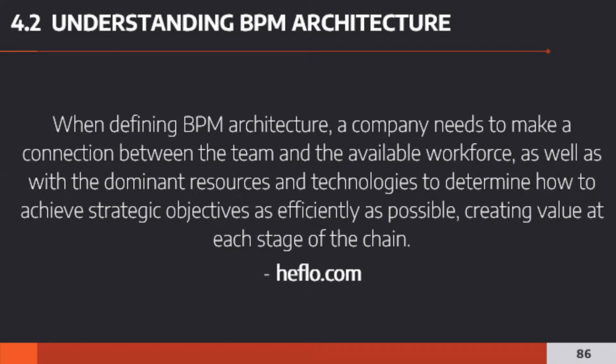Okay, so how do these teams function? How does this workforce function? What are the dominant resources and technologies that we have right now? Okay, what are our strategic objectives? So it's very important that you understand the architecture.